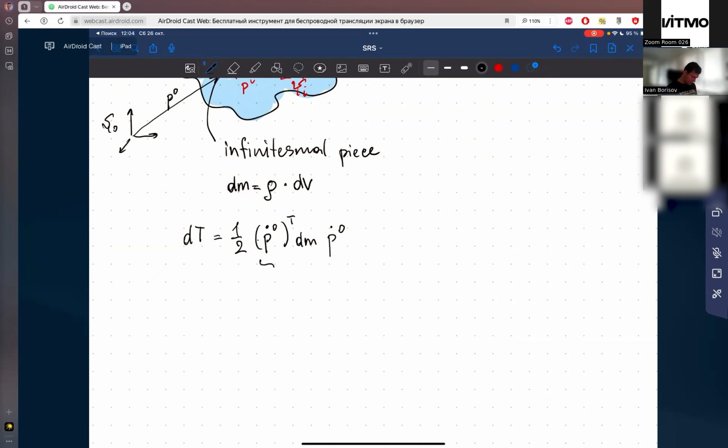So basically this is V transpose, V times V transpose will be the same result as V squared if you consider scalars.